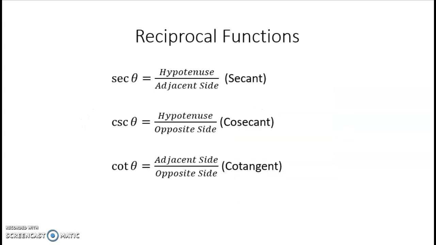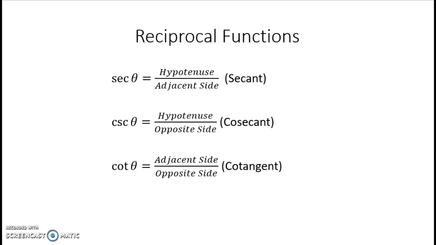Now the last three of our trig functions are the reciprocal functions. You've got secant, cosecant, and cotangent. Secant is the hypotenuse over the adjacent side. Cosecant is hypotenuse over the opposite side, and cotangent is adjacent over the opposite side. Each one of these should sound just a hair familiar.